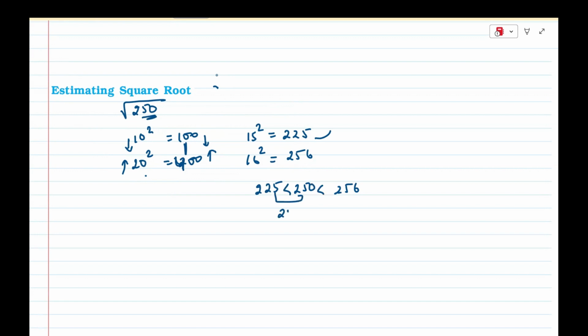Here the gap is 25, but here the gap is 6. So 250 is very close to 256. So what I'll do, I'll write the square root of 250 is approximately 16 because 16 squared is 256, correct? Like that, you can estimate the square root of other numbers too.